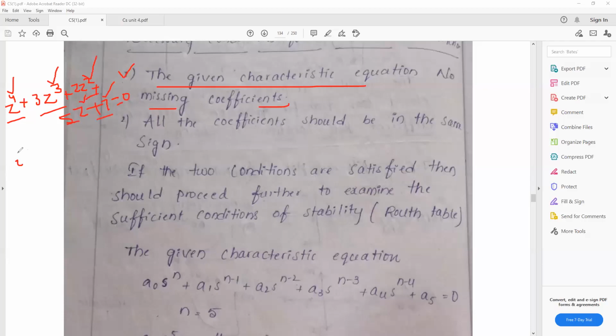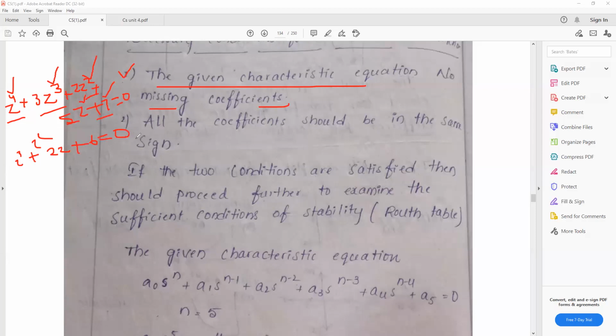So if s power 3 plus 2s plus 6 is equal to 0 is given, for example, the s square term is missing, so the given system is an unstable system.